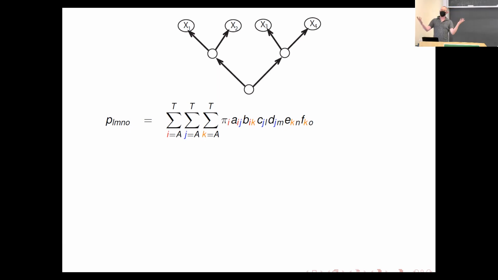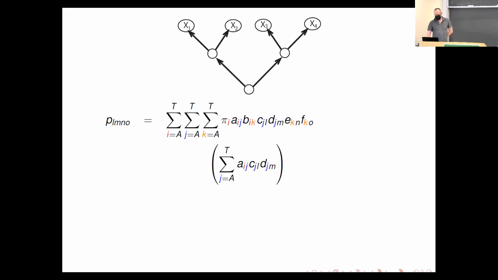In general, if you had n leaves, this polynomial would have 4 to the n terms, more or less. So it's way too big to expand and compute it that way. But you don't have to do the sum as it's written here. You can rearrange things. In phylogenetics, they call that Felsenstein's pruning algorithm. In algebra, we would call that the application of the distributive law.